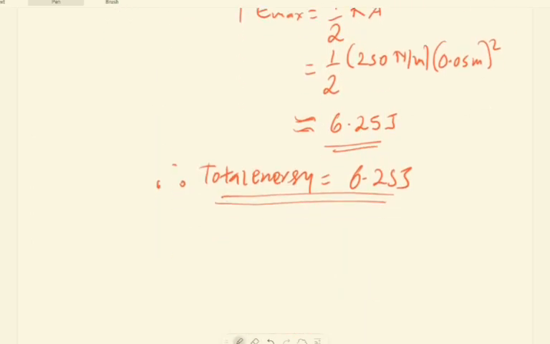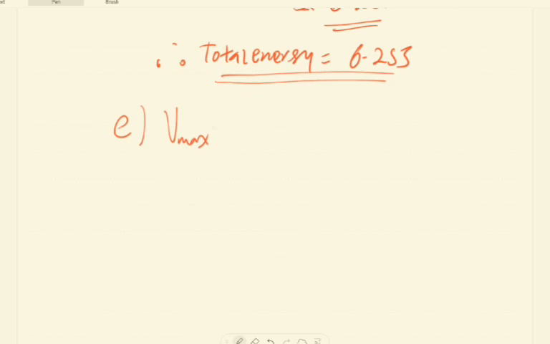So V max, the maximum velocity of the oscillation, we have seen is the angular frequency times the amplitude.